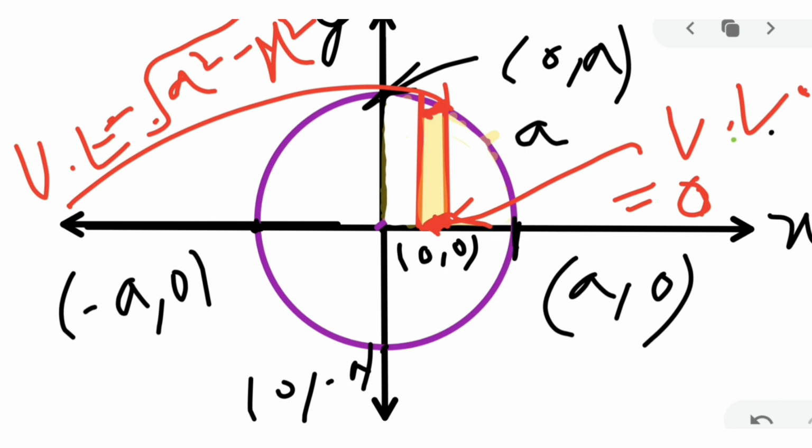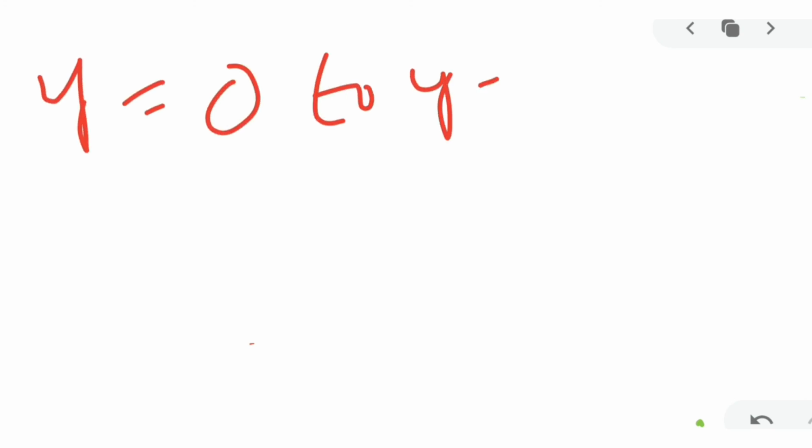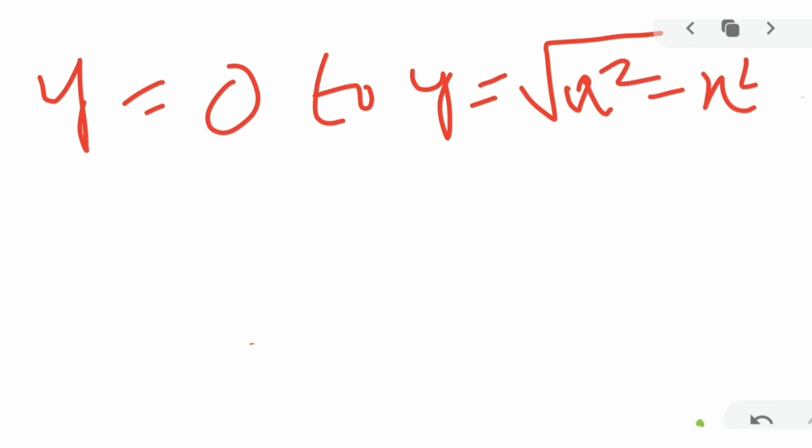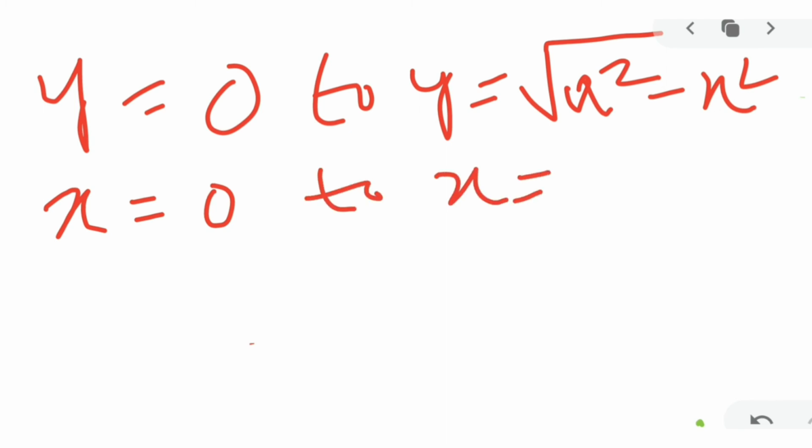So let me write this down in the next page. Limits of y will be y equals to 0 to y equals to root over a square minus x square, and limits of x will be 0 to x equals to a.